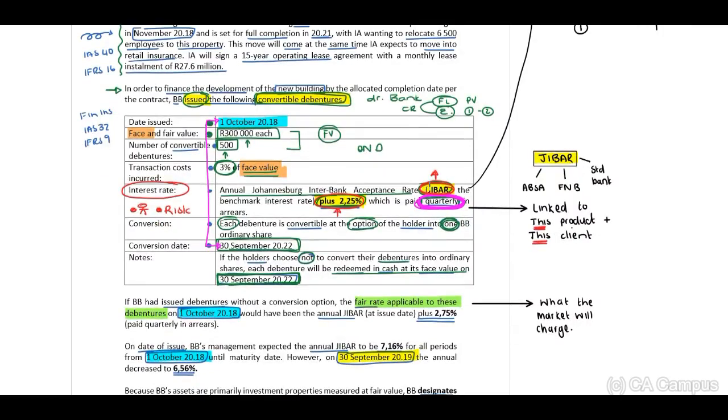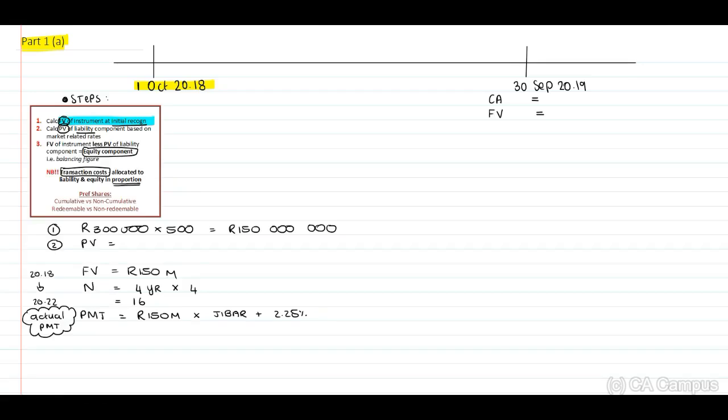This is at initial recognition. Now, when you look at the second paragraph below your table, they indicate to us, on date of issue, 1 October 2018, BB's management expected the annual JIBAR to be 7.16%. This is what we will use on initial recognition. And this will then be the 150 million times the 7.16%, brackets guys, plus the 2.25%.